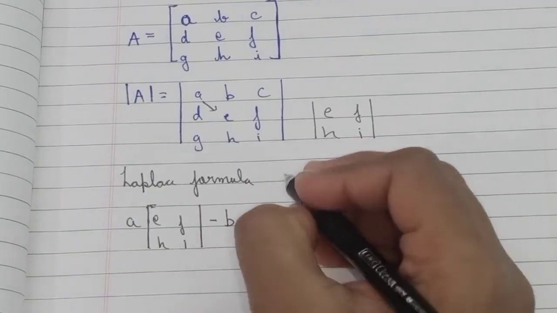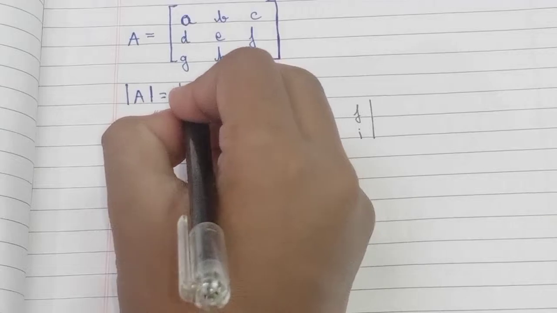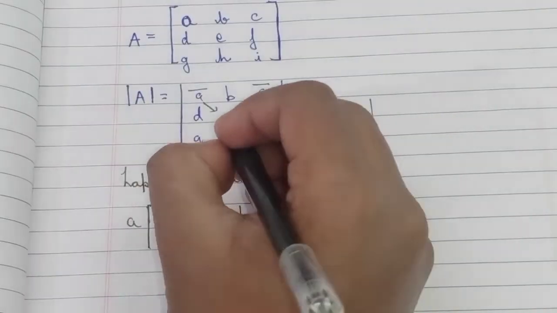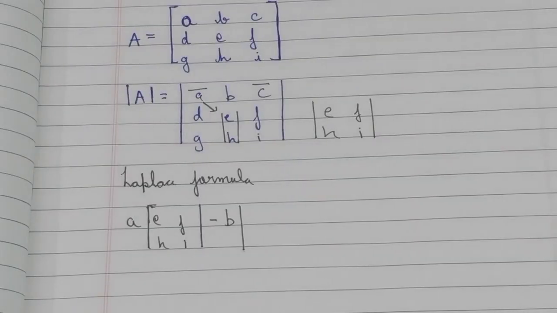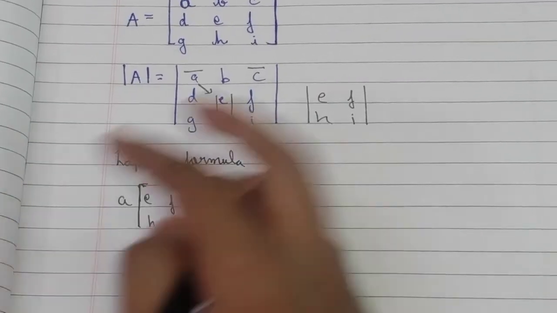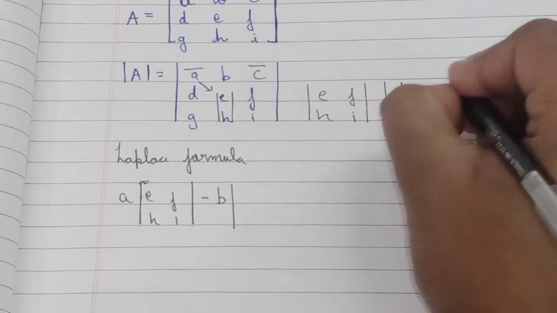b times, now for this we ignore a, we ignore c, and we ignore the elements down of it, so this is e and h. What we are left with is d f g i, so we take that determinant, d f g i.